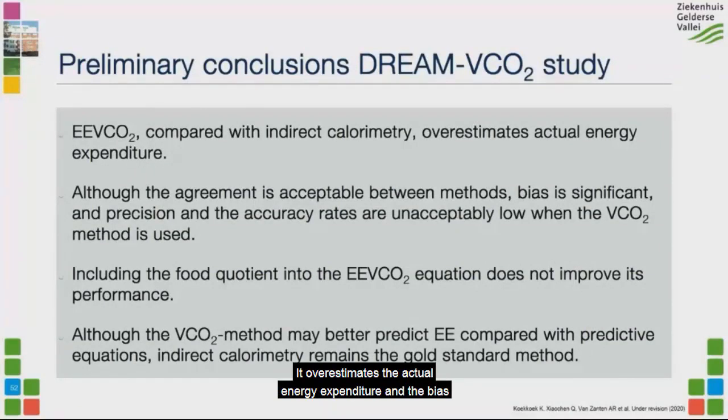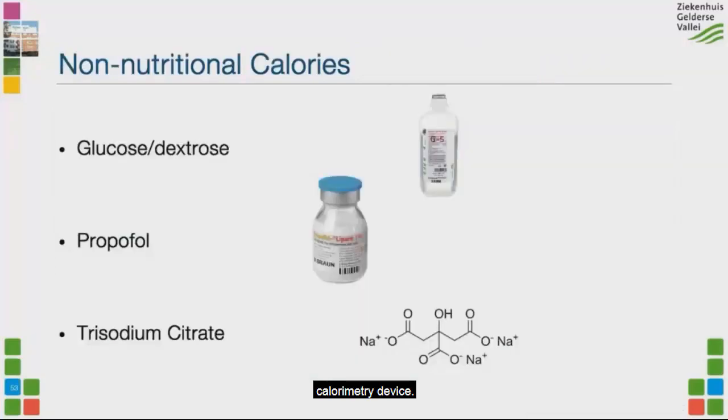It overestimates the actual energy expenditure, and the bias and the precision and accuracy rates are, in my view, unacceptably low when you use the VCO2 method in critically ill patients. So I think you all have to buy maybe a ventilator with the possibility of indirect calorimetry or an indirect calorimetry device.